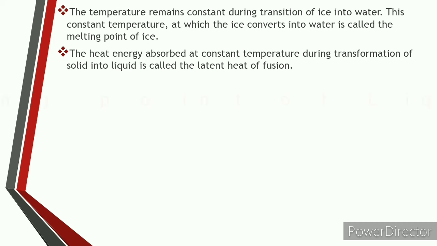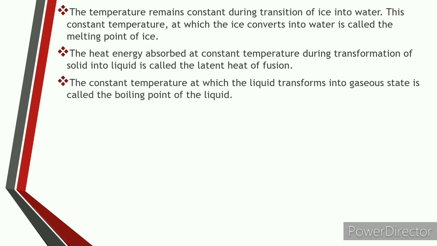That is the definition of boiling point of liquid. The constant temperature at which the liquid transforms into gaseous state is called the boiling point of the liquid. Means the temperature at which liquid transforms into gas is called boiling point of that liquid.